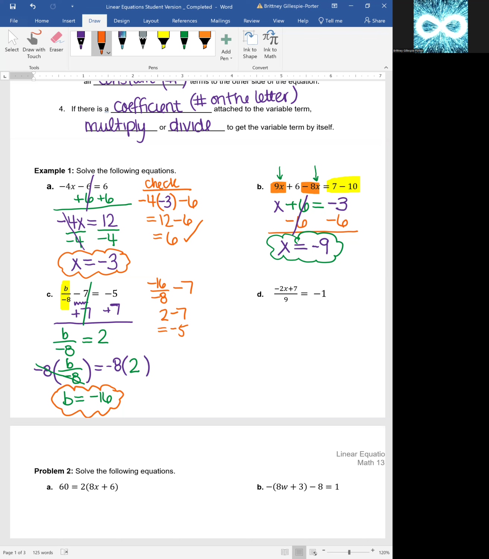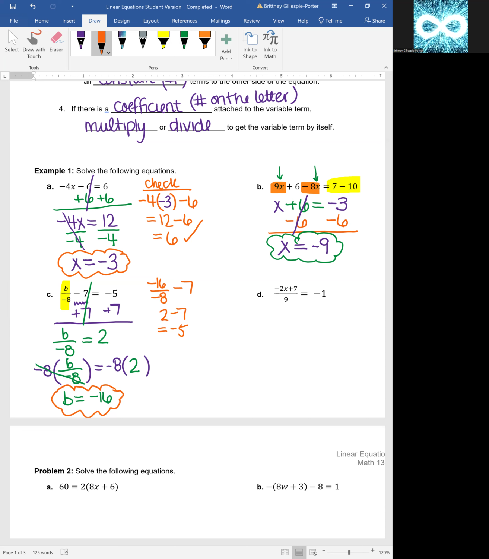Let's try another one. Notice that this one is different than our last example, part C, because instead of the +7 being big, like the -7 was, the +7 is included in that fraction. So we're going to approach this one a little bit differently.